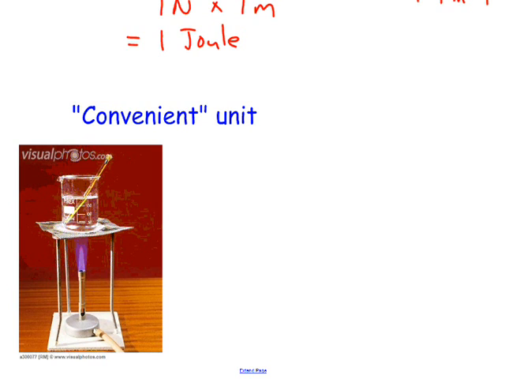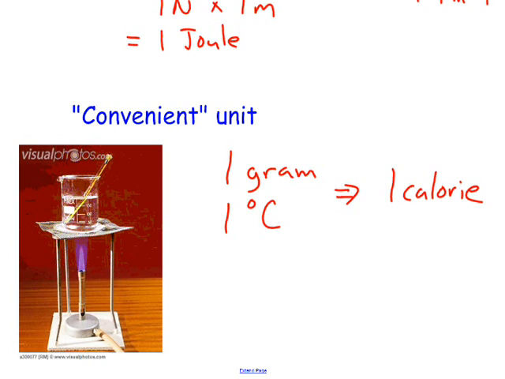And so if we were to take 1 gram of water and raise the temperature of that 1 gram of water 1 degree Celsius, the energy required to do that is 1 calorie. Okay, so 1 calorie, or 1 cal.